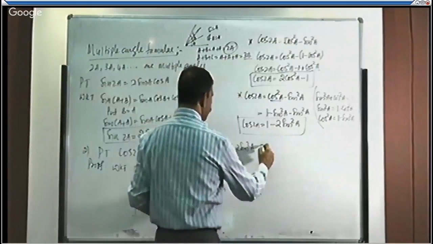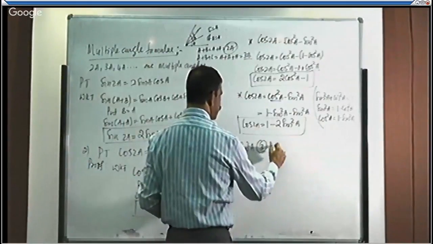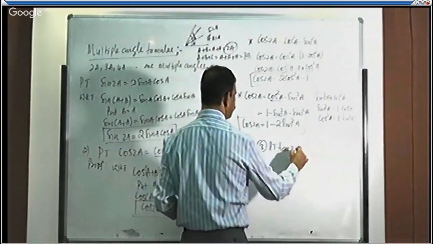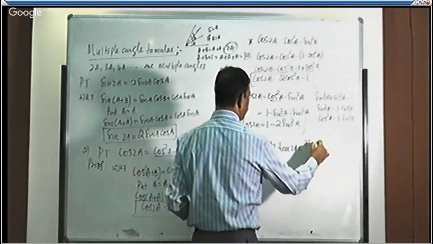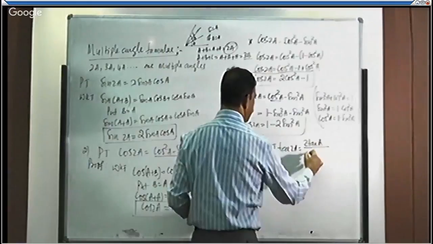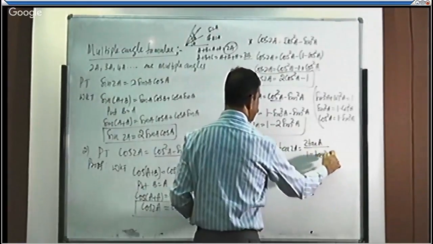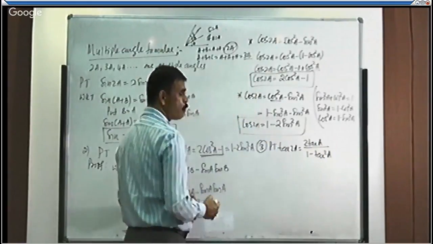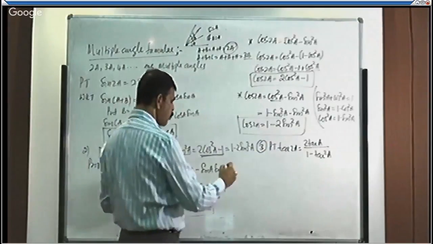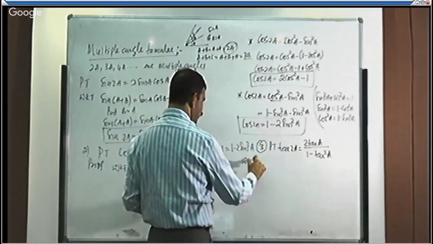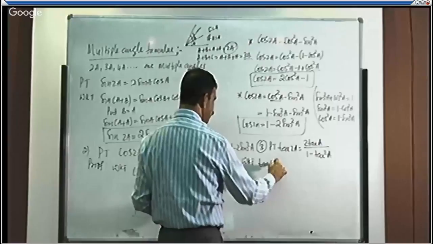Third one, we can also prove for tan. Tan 2A is equal to 2 tan A divided by 1 minus tan square A. To prove this formula, again you go for the tan of A plus B formula.